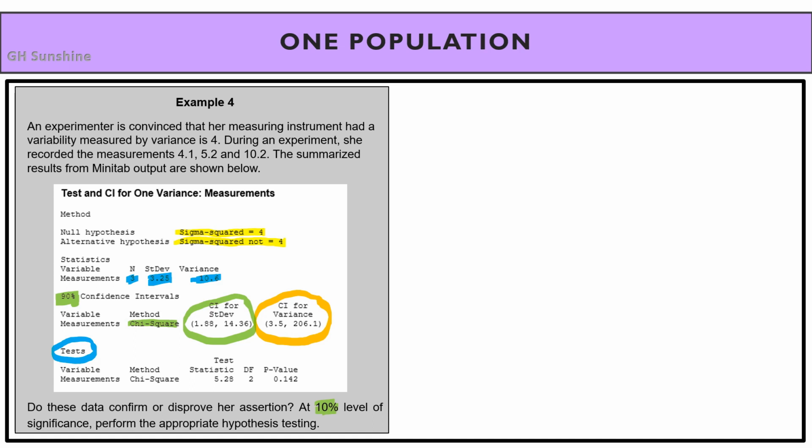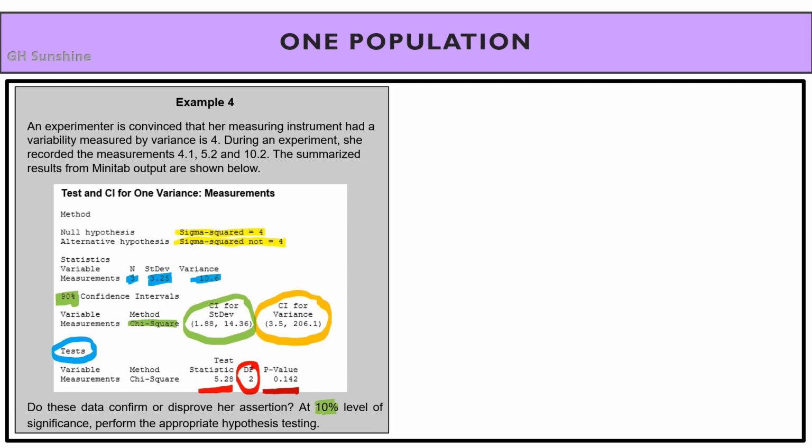And then look at here, the test, based on chi-square statistics. The test statistic, chi-square calculation, equal to 5.28, degrees of freedom 3 minus 1 equal to 2, and the last one here is the p-value, the probability value, equal to 0.142.